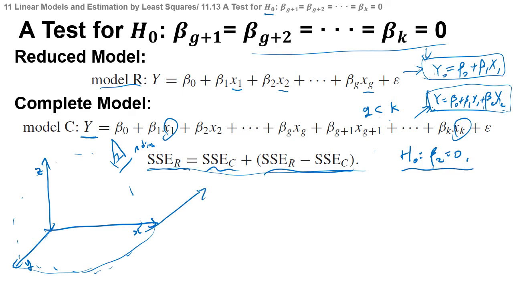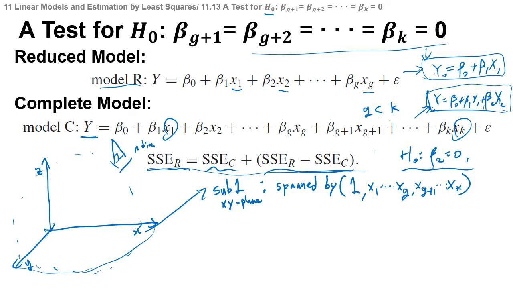Let's say the subspace 1, which is the xy plane, is the space spanned by the vectors 1, x1, ..., xg plus 1, ..., xk.